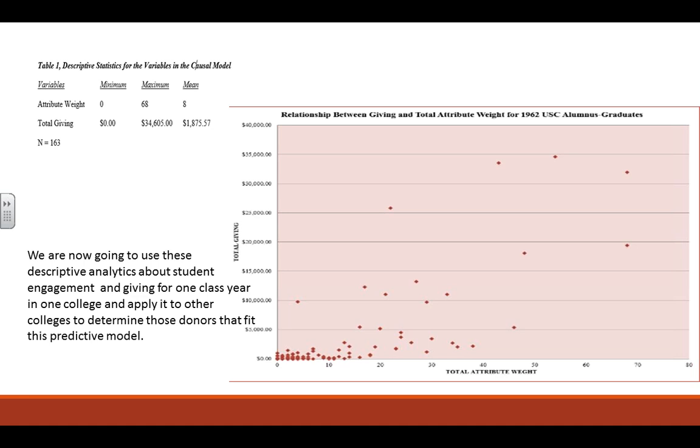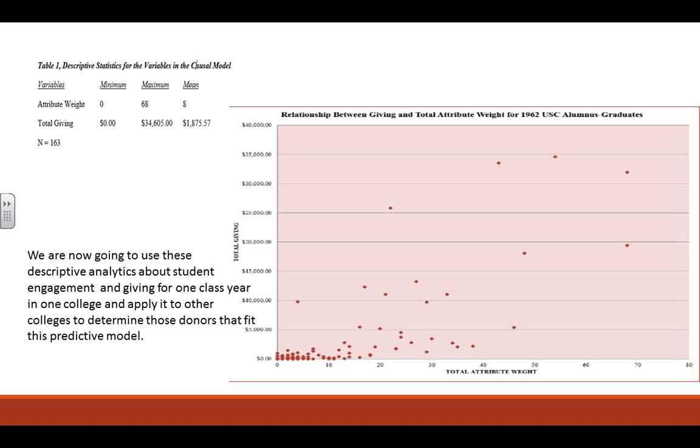We are still trying to get our IS team to put the weights into the database so they can create reports that pull this automatically. In the meantime, we wanted to test our theory, so we chose one class year from one unit within the institution. We chose arts and sciences because that is currently our largest constituency, our largest alumni base.